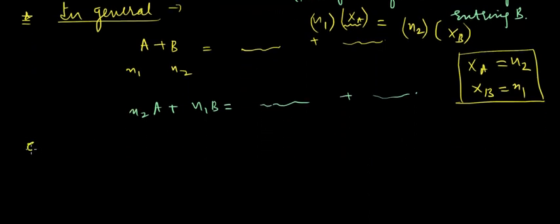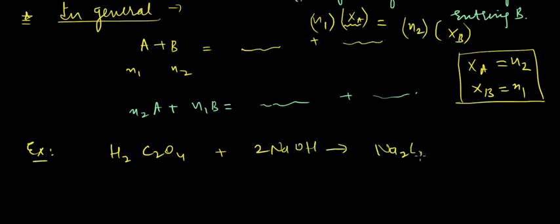Okay, let's see another example on the same. Suppose we have H2C2O4 combining with 2 moles of NaOH and forming Na2C2O4 plus 2 moles of H2O. In this case, no atom is changing its oxidation state.